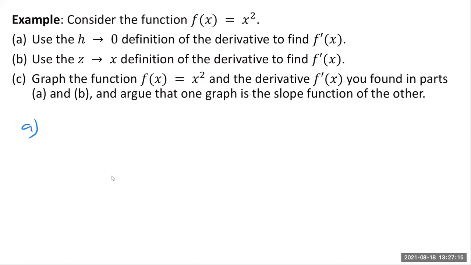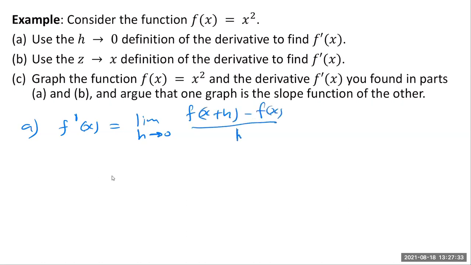Let's use the h goes to 0 definition. By that definition, f prime of x equals the limit as h goes to 0 of f of x plus h minus f of x divided by h. That is the h goes to 0 definition. Now let's try to compute this one. I want f of x plus h. f of x is given.